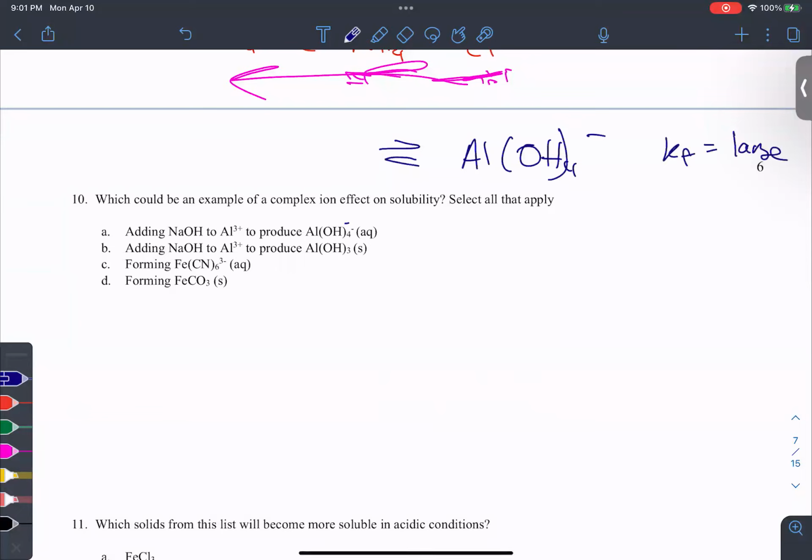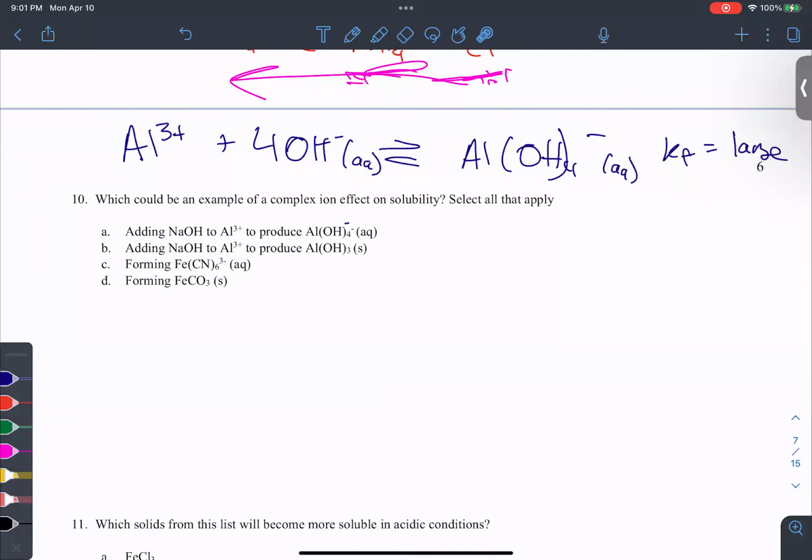What this means is when you put aluminum 3+ and hydroxide together at a certain concentration, you will almost predominantly make this soluble complex because KF is really, really large. KF has a different form, right? You're forming the soluble complex.